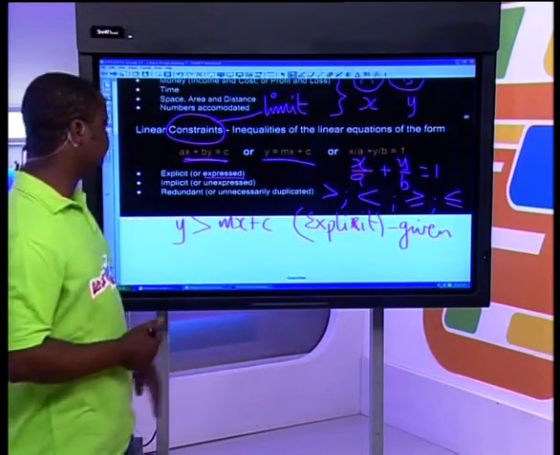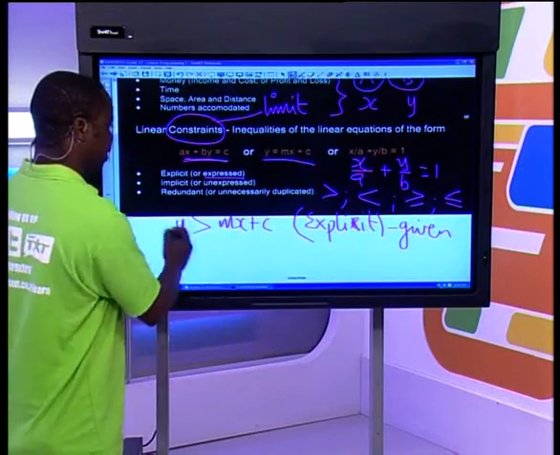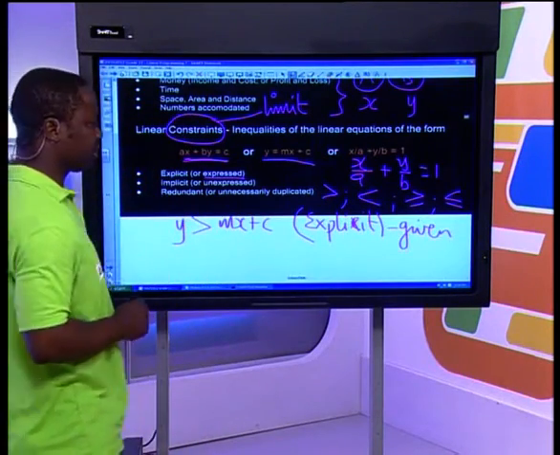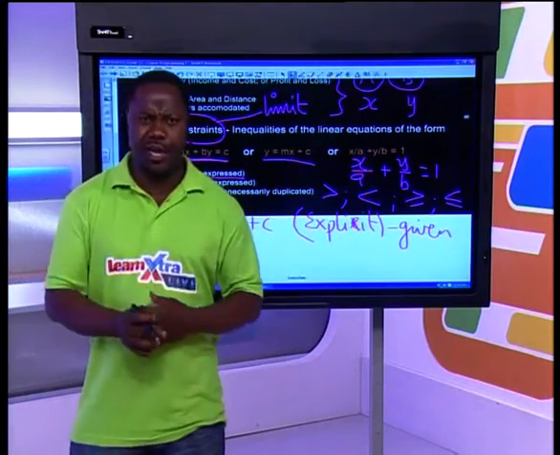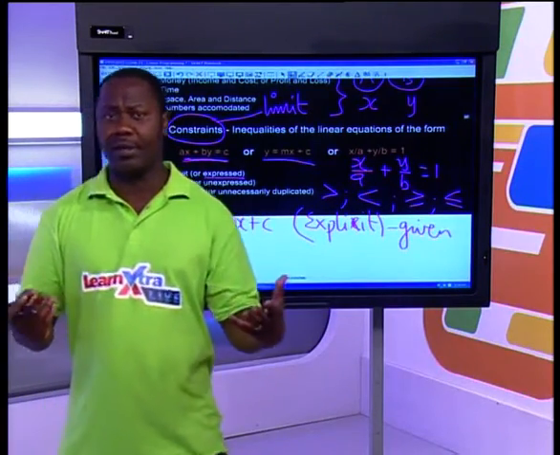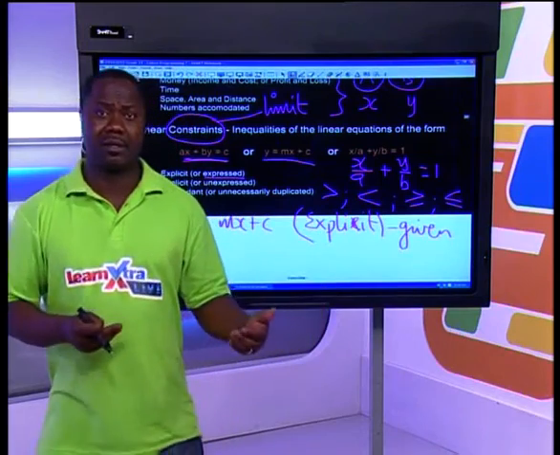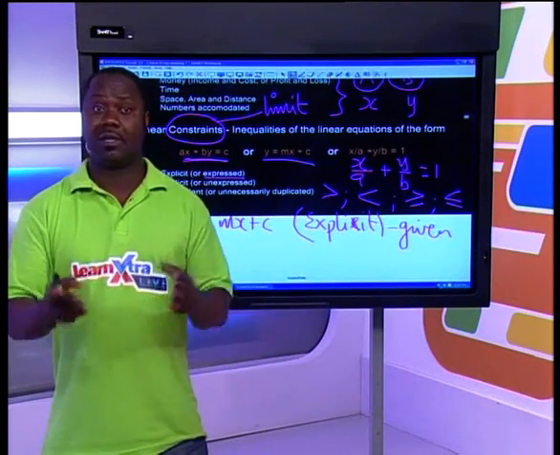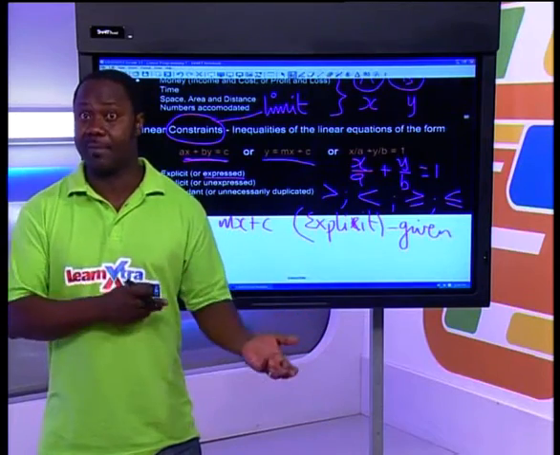Okay, in this case, I'm giving you an equation, for instance. I call this an explicit constraint. An implicit constraint typically will be to say, well, if I'm going to buy sweets and I'm going to buy biscuits, there's no way I'm going to buy negative sweets. There can't be a negative quantity that I buy.